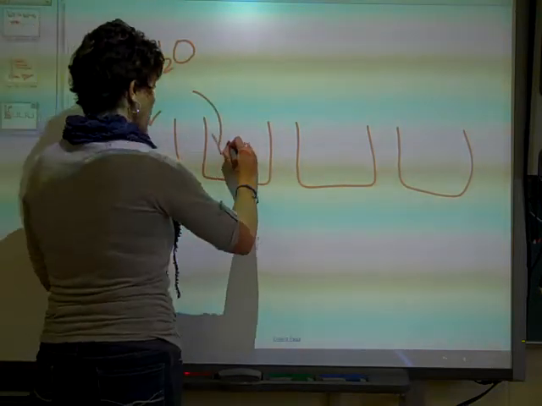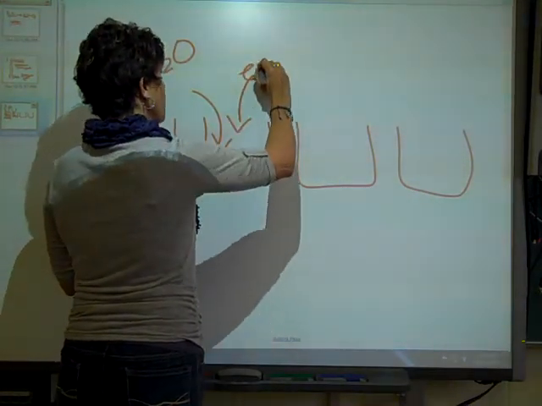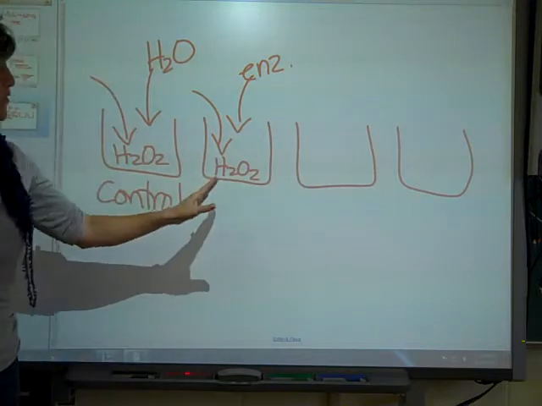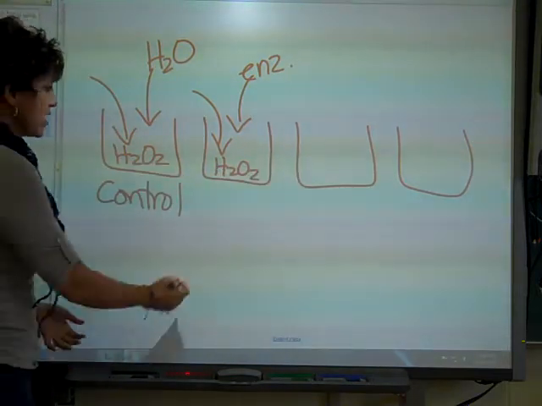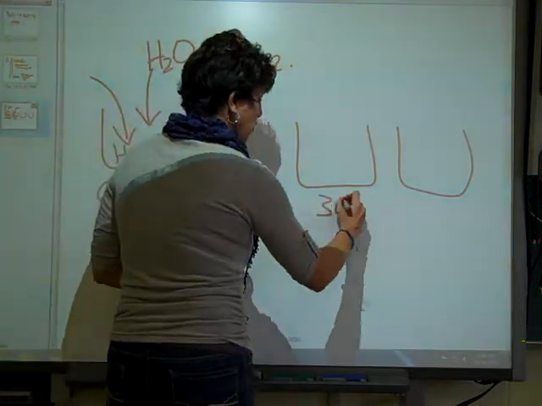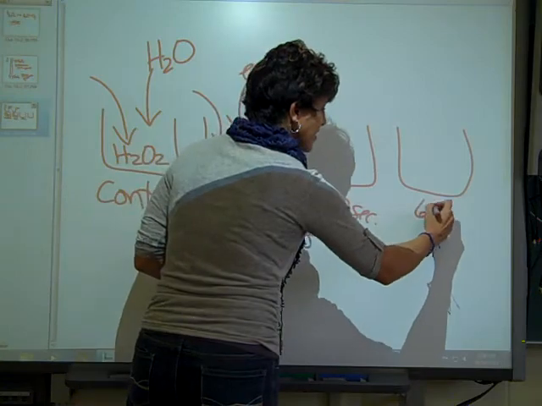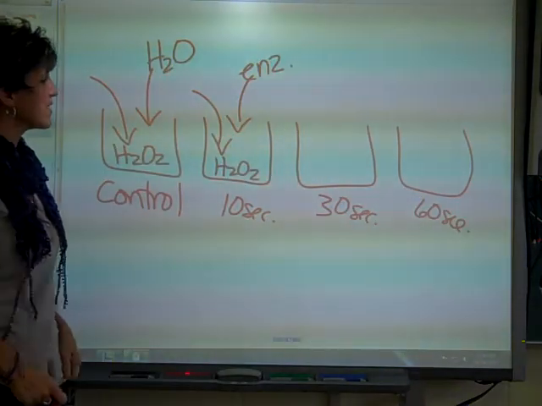To the rest of them, I'm going to add H2O2 and I'm going to add an enzyme. And the difference between each of these is how long I'm going to let the enzyme work for. So I'll let the enzyme work for 10 seconds, and 30 seconds, and 60 seconds, and so on. You'll keep going. You'll have more containers than this.